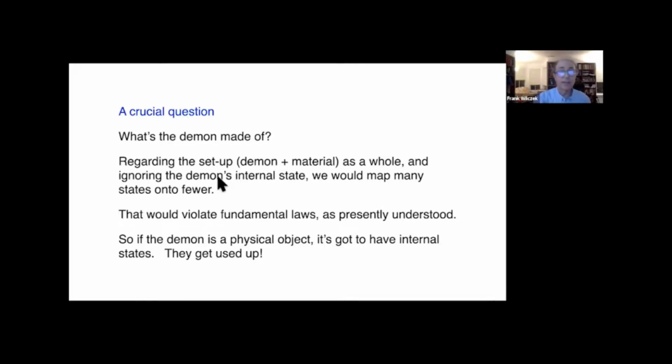The only way that could work is if the demon is actually a complicated object that has many states of its own. So the demon has to have lots of internal states, and in squeezing or taking out possible states from the remaining part of the system, it has to use its own internal states.